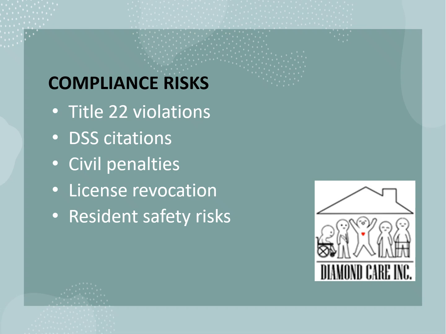Those citations sometimes can result in civil penalties. Sometimes it can also result in licensing revocation, meaning they're going to take your license away. We're not going to allow you to operate no more. And the biggest thing is resident safety. We want to make sure that we're doing all these things so we can keep our residents happy and safe.